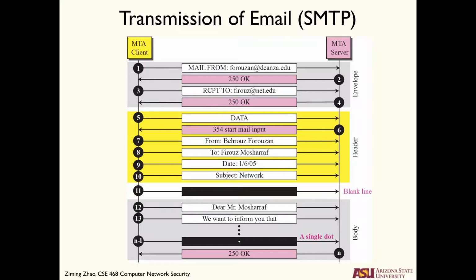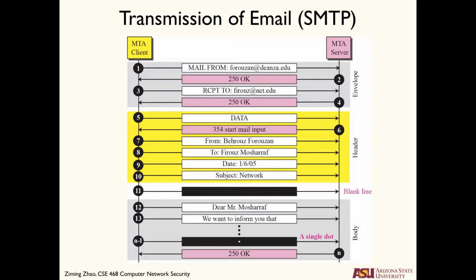First, the client will build a TCP connection with the server, and the server always listens at port number 25. Then after the TCP handshake, the client will just send out plain text. And the plain text is just the format of email, line by line, sent out to the server.